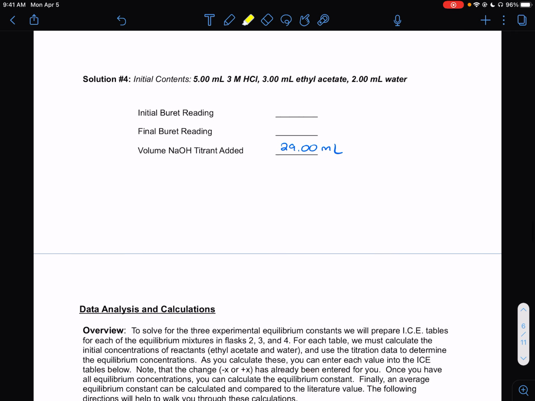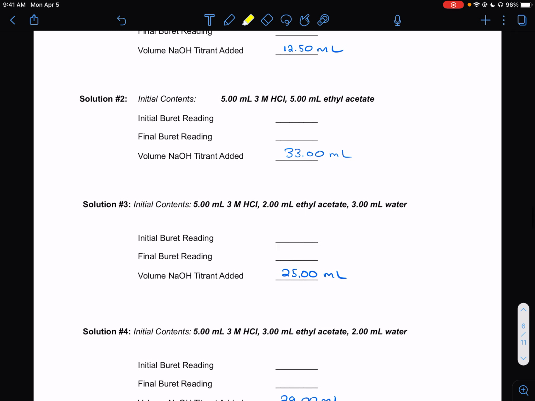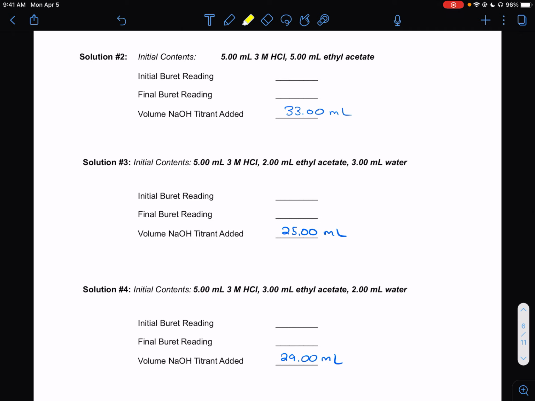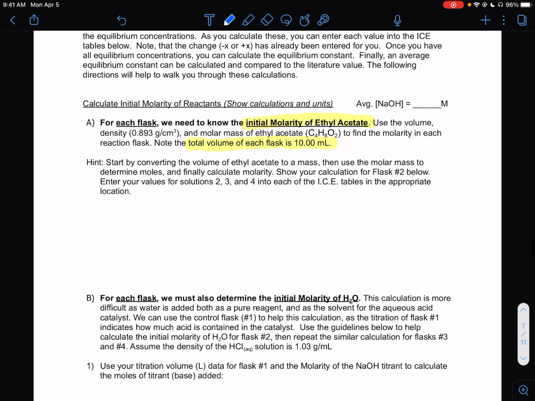So let's back up for a second and go to our tables here. If we look at flask 2, we can see in solution 2, we pipetted 5 milliliters of ethyl acetate. That 5 milliliters is where we're going to start. The idea is we're going to take that for flask 2, and you might need more paper to show all of this.